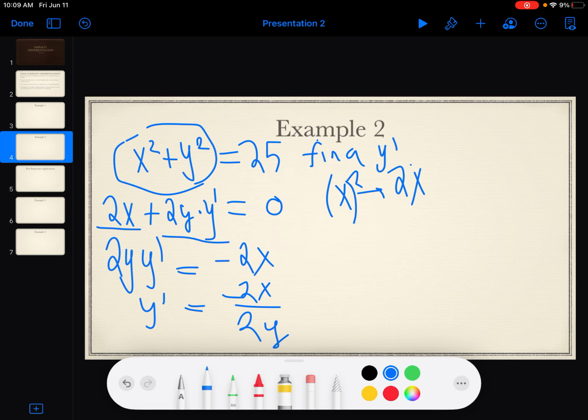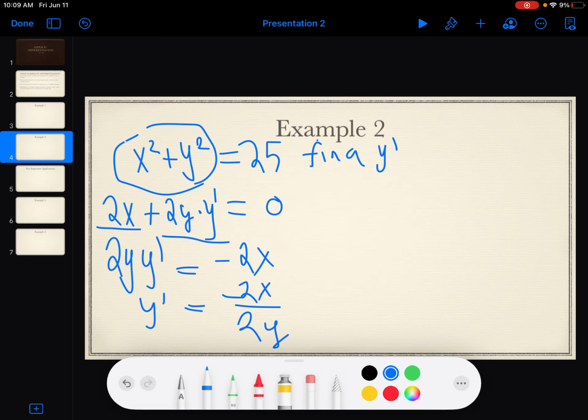If you put brackets around here, take the derivative of the inside. Well, what's the derivative of x on its own? It's just 1, but we just don't write the 1. Here, the derivative of y with respect to x is y prime. Here, we took the derivative of x with respect to x, and here it turned out 1. So you need to be very, very aware of that.